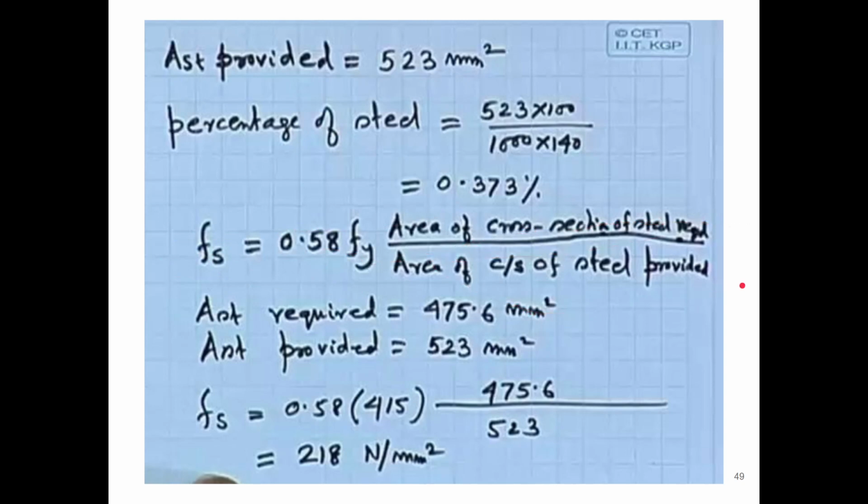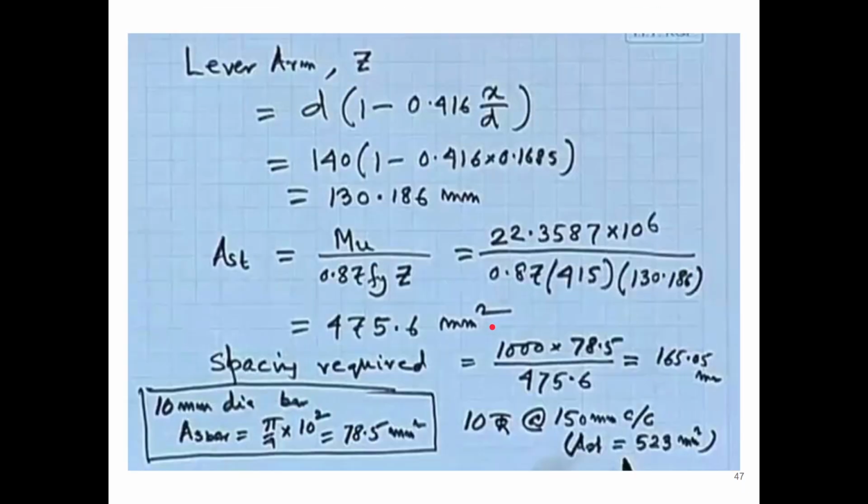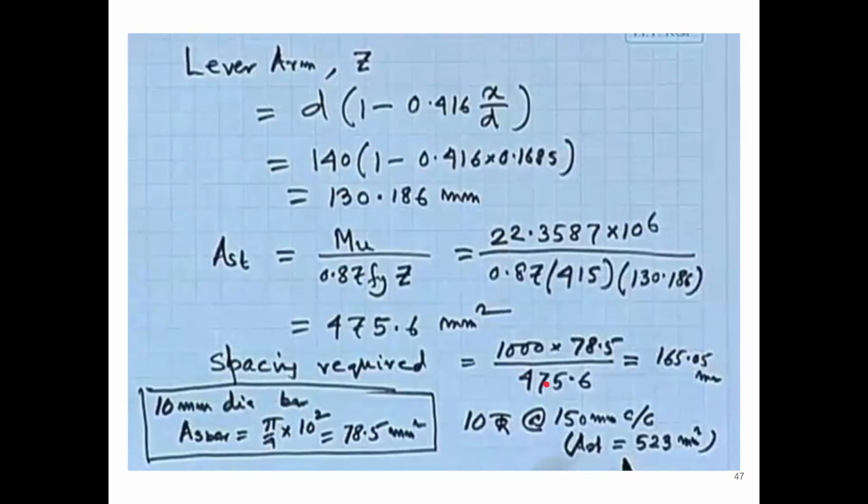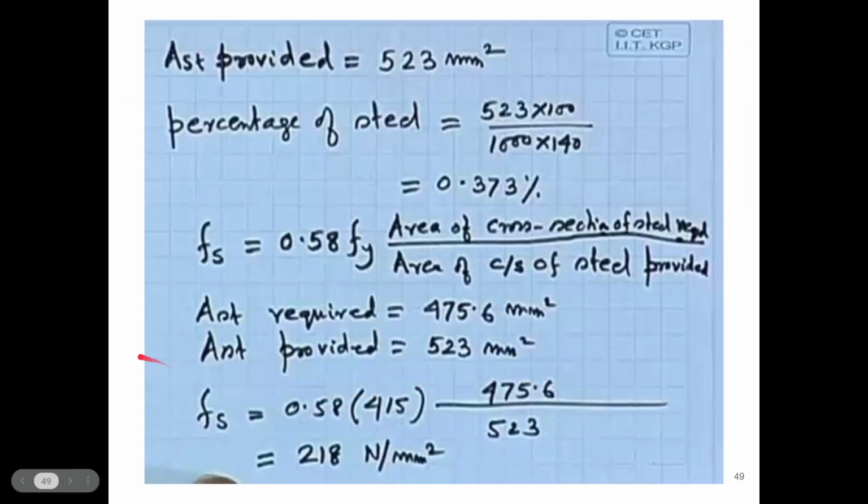So we just discussed this a few slides back. AST required was 475.6 mm square, and AST provided is this one, 523 mm square. So Fs will be equal to 0.58 into 415 into 475.6 divided by 523. So that comes to be 218 Newton per mm square or megapascal.